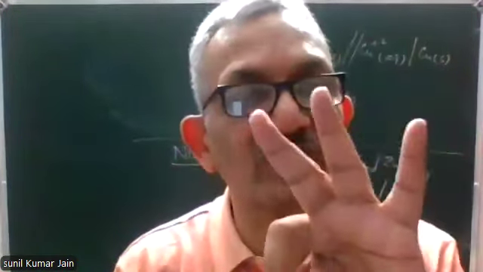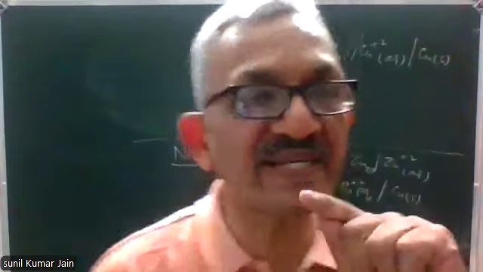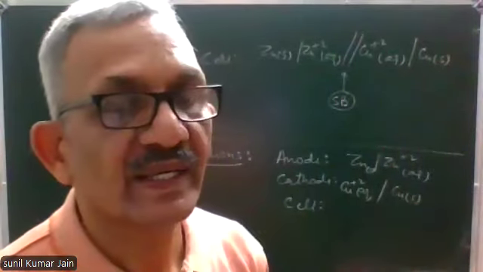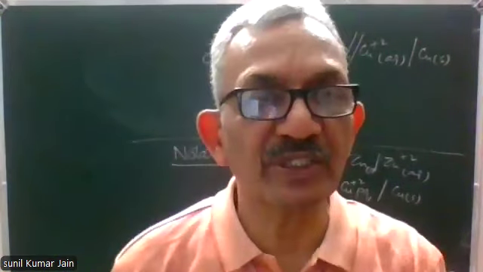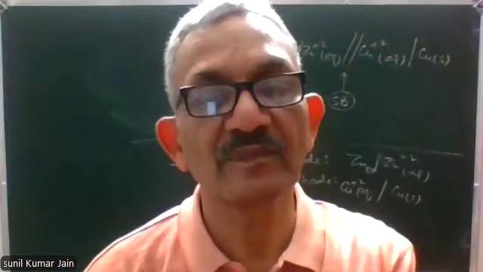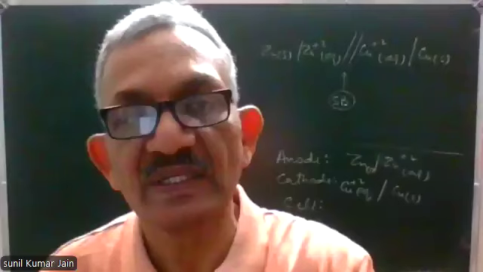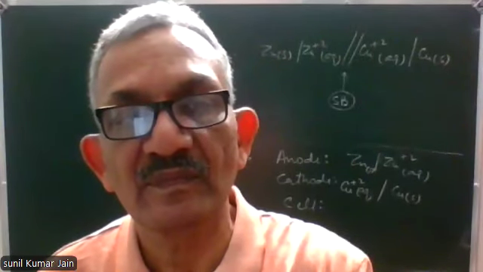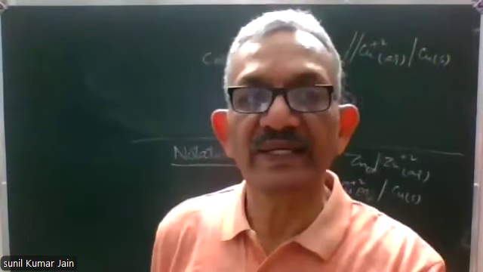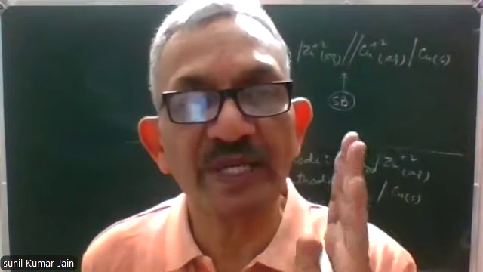Now there are three conditions which I'm telling in this next sentence. If concentration of ions is 1 molar, temperature is 25 degrees centigrade, and pressure of the gas, in case any gas is involved, is 1 atmosphere, then the electrode is standard and its REPV is called standard REPV.